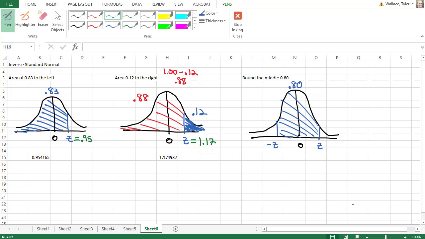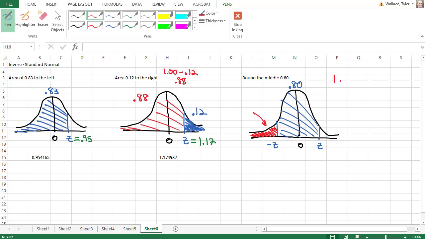What's nice about this problem is because we want to bound the middle 80%, it's symmetrical. So whatever z is, we've got the positive on one side and the negative on the other side. So that's nice. We need to know how much area is in the left tail because Excel only does left tails. A couple ways we can figure out what that area is.